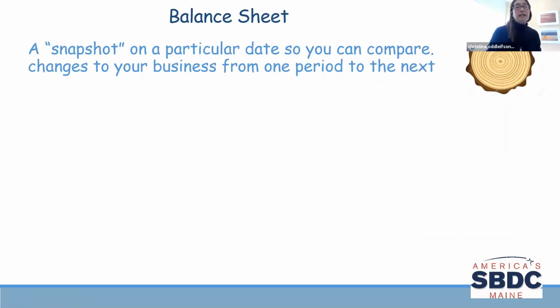So let's talk about the balance sheet. Basically, again, it's like the rings of a tree. It's showing you the growth from one period, and then you take a picture at another period and you see the difference.